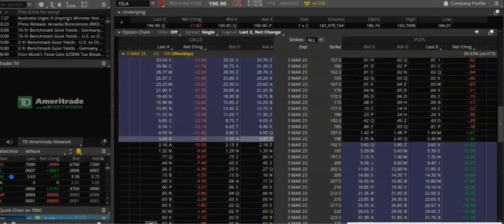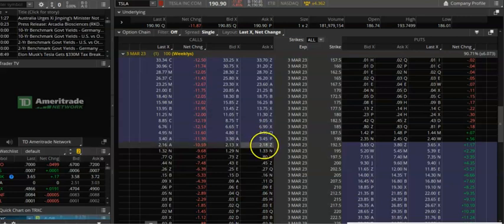Whenever you look at theta, theta is the amount the option decays per day, per hour, per second. It's measured in days, but time decay occurs pretty much 24/7. So at the very end of the day, these same option prices that are $3.45 in the money right now will be maybe a dollar, and just out of the money with 10 minutes to go in the market, it may be 5 to 10 cents.